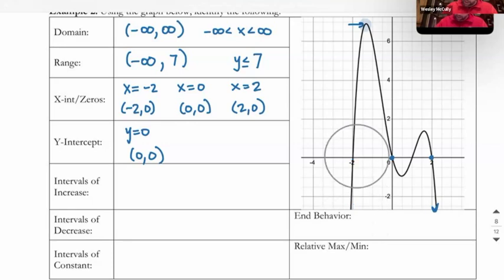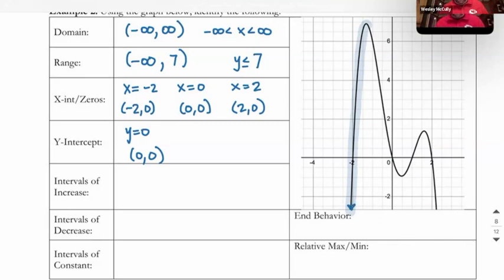Interval of increasing. This is a fun one because as we move from left to right, we're looking for increase or decrease. Where is it increasing? Where is it decreasing? Well, as we move from left to right, it's going up on this first interval. So we have to think, where is this thing coming from? I erased it, but remember I had an arrow right down here.